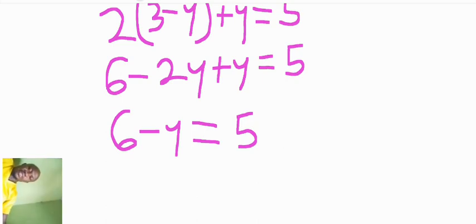So what is the additive inverse? The additive inverse of a number is any number that when added to a given number gives 0. That is a number and its opposite. So if I have 2 and I ask you to find its additive inverse, that is, I'm asking you to find a number that when I add it to 2, I'll get 0.